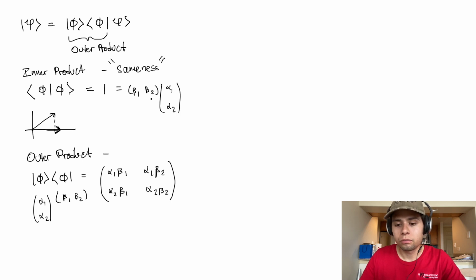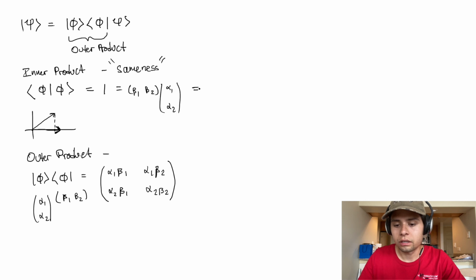Then we can do matrix multiplication on these. In this case, it's beta 1 times alpha 1 plus alpha 2, because this is a row vector. We're not reading across like we read here. We're reading down, and we have to add those.